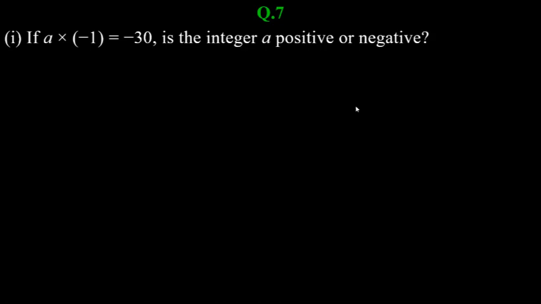Tina, correct. Sushmita, correct. Devansh, correct. Siddhi, now correct. The result is negative. It means on left hand side, the negatives should be odd in number. If the result is negative, odd number of negatives. So you already have one negative and one is odd. It means a will be positive.